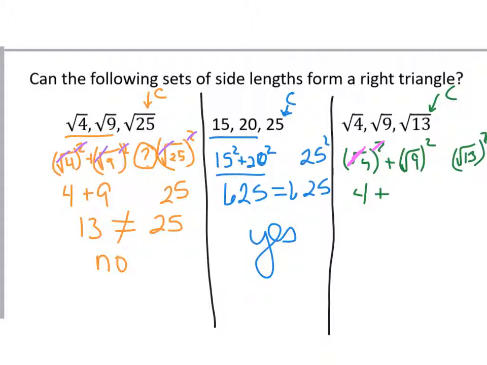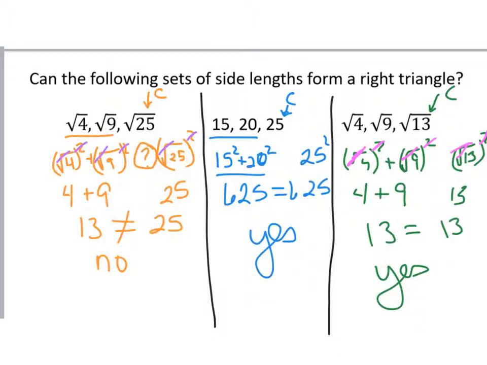And then my square root and my square roots cancel, so that next one is just 9. And then my square root of 13, the squares and the square root cancel, so that becomes just 13. In this case, 4 plus 9 is 13. So 13 does equal 13, so this is also a yes.